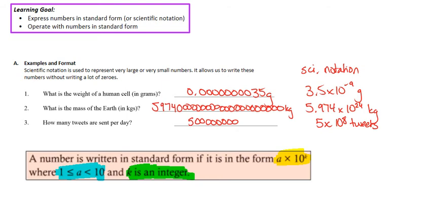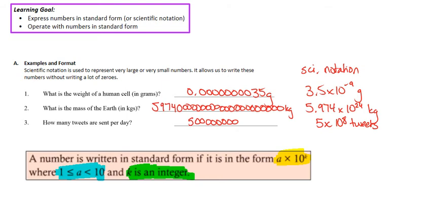Some patterns seem to emerge. Positive exponents appear to apply to very, very large numbers, whereas the negative exponent seems to apply to a very small number. We need to keep these things in mind when we're converting to and from scientific notation.